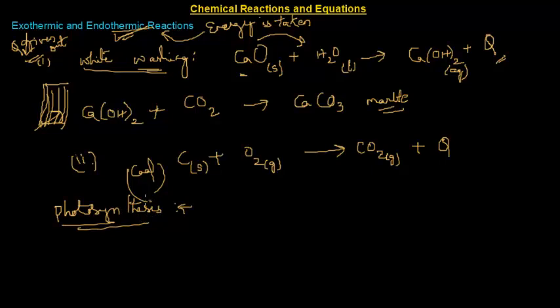Let us see. Photosynthesis is a process in which carbon dioxide and water in presence of sunlight give starch, right? This needs sunlight.